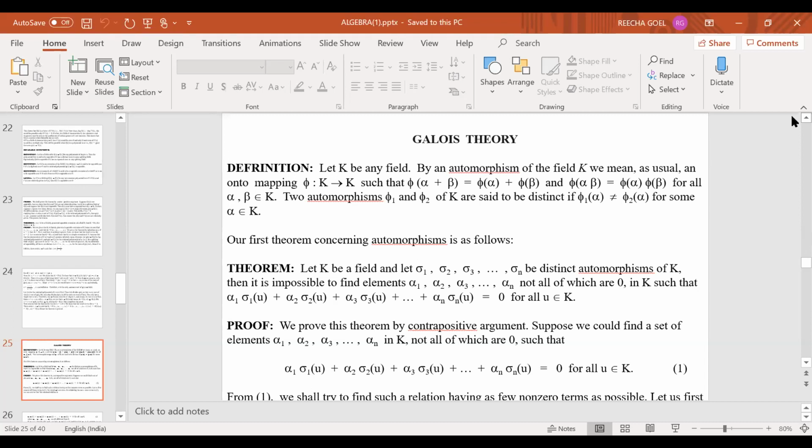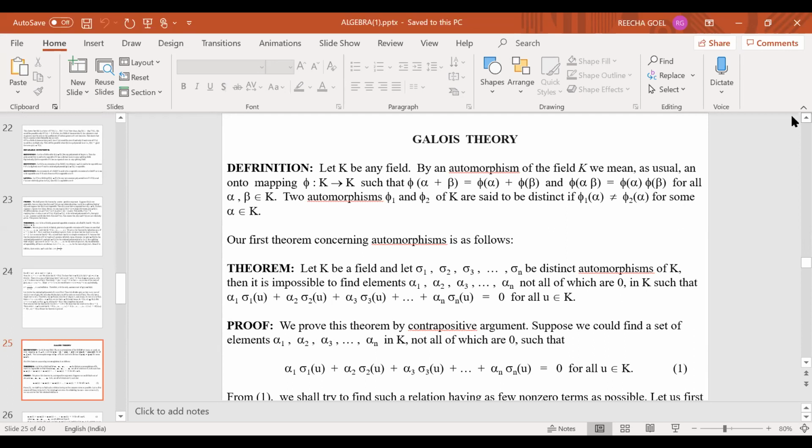Now remember, if I consider the collection of all automorphisms, it may not form a vector space. So I cannot talk of linear independence or dependence of automorphisms. But we have a theorem, which you can call a linearly independent system.